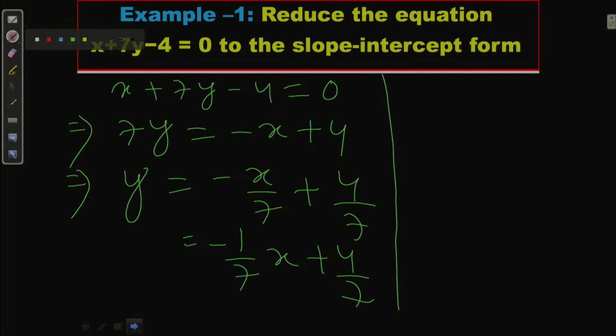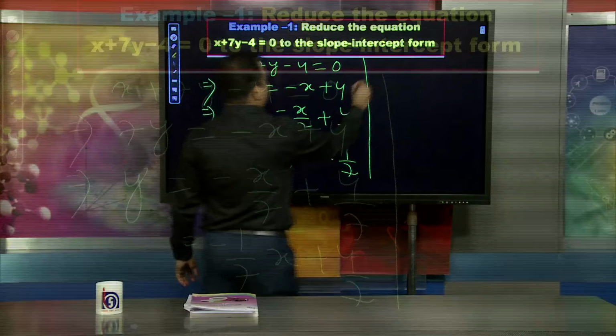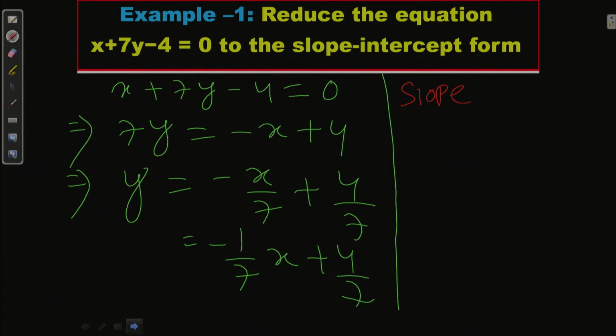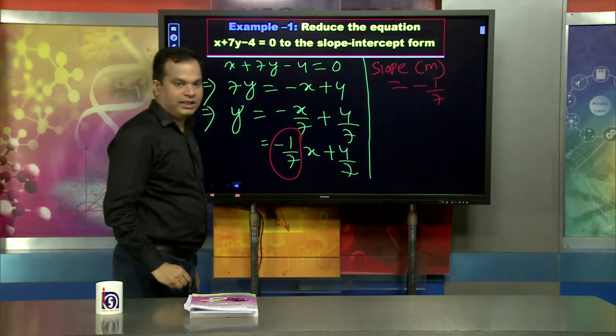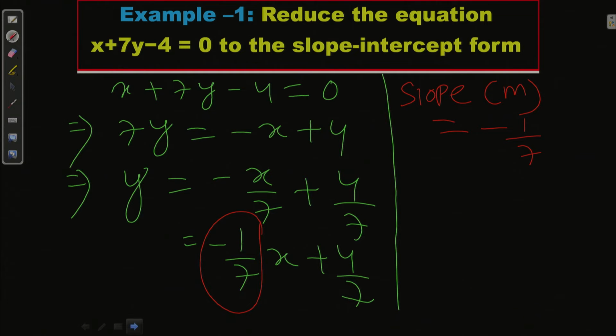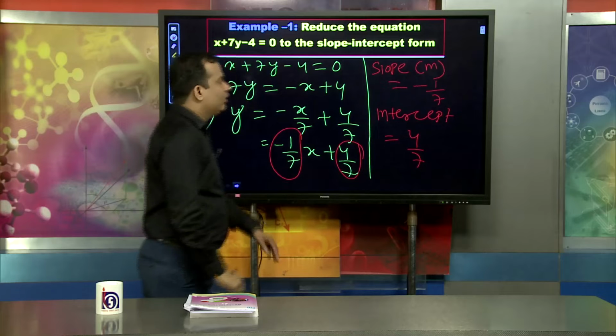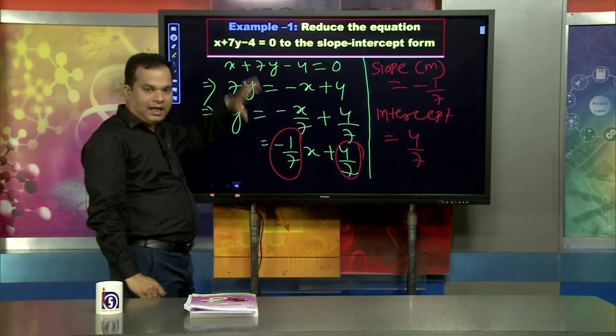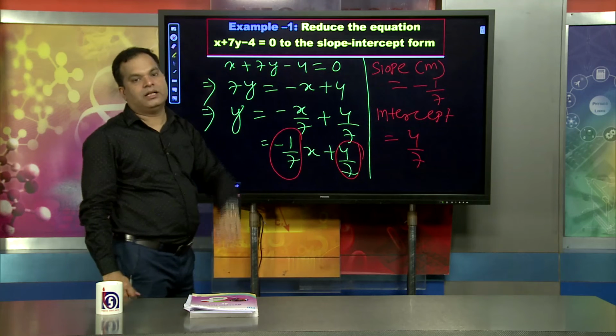The value of m, that is the slope, is minus 1 by 7, and c, in mx plus c, is the intercept, which equals 4 by 7. So we are able to reduce a straight line into its slope as well as its intercept.